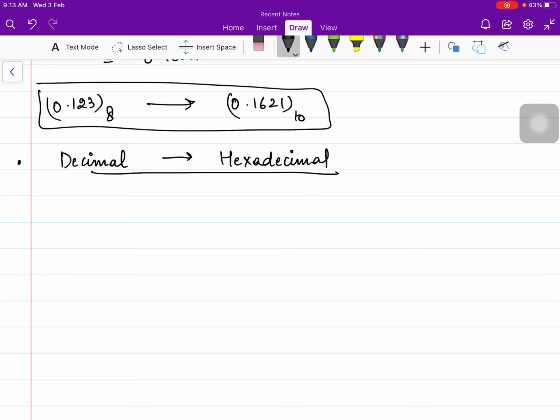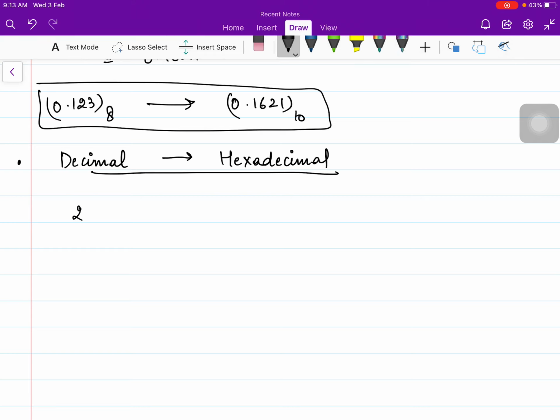So yes, we have a decimal number system present here on LHS. So the technique that will be followed will be same as that of decimal to binary conversion. Okay, so how did we convert decimal to binary? We kept on dividing the number by 2 if it would have been before decimal, whole number.